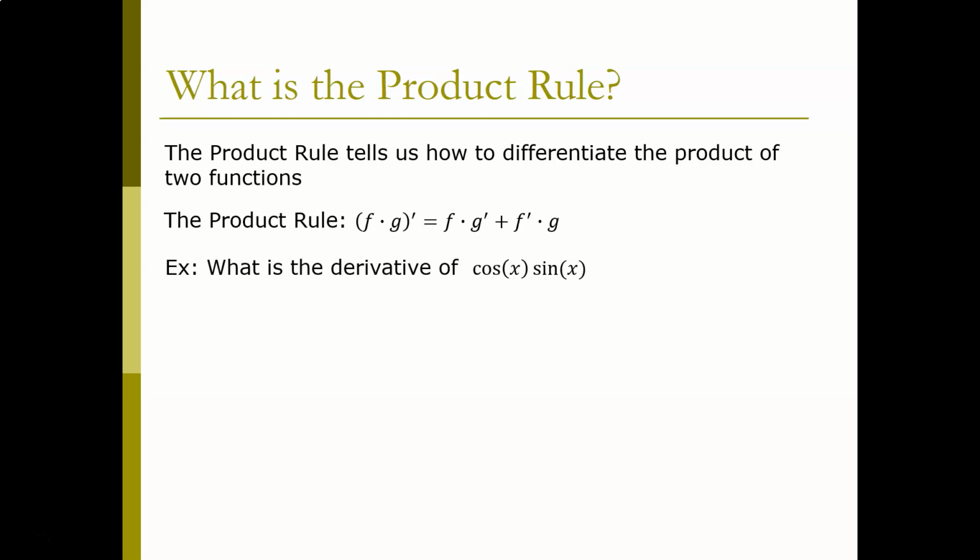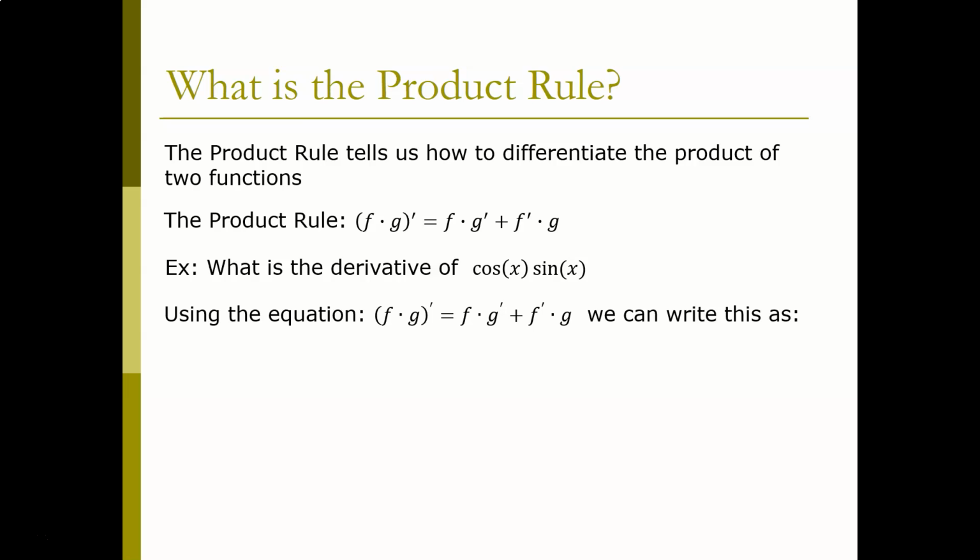So let's put this in an example, just to get things moving and flowing. Let's take the derivative of cosine x times sine of x. Obviously, in this case, cosine x would be function f, and sine of x would be function g.